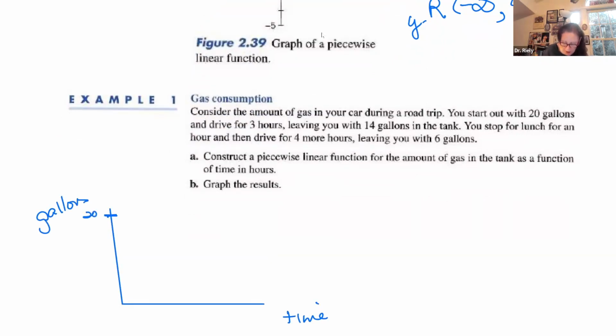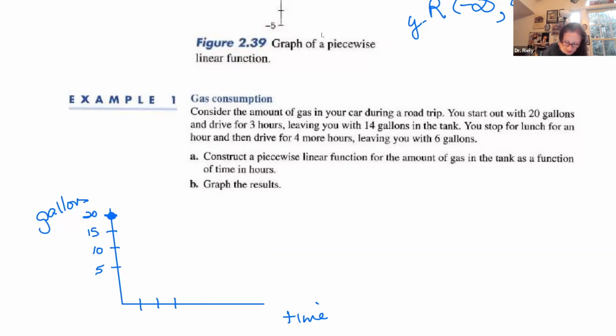And then you're going to drive for 3 hours. And they don't discuss how you drive. You can kind of be as creative as you want to with that. I'm going to assume that you're driving at a steady rate. That's going to leave you at the end of the 3 hours with 14 gallons in the tank. So I'm going to go by like 5. So this is 15, 10, 5. So if we started out here, that would be my first point, and it's going to be filled in.